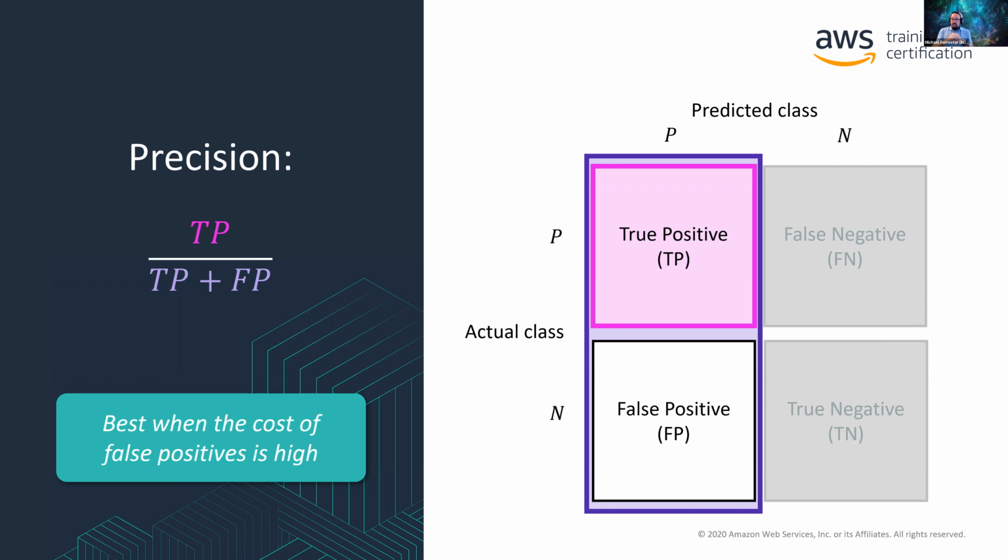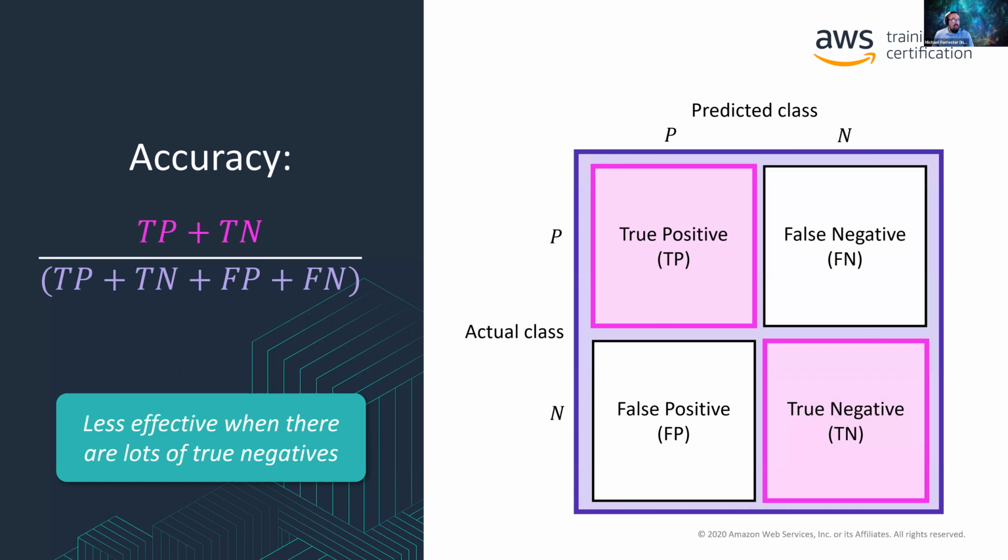That's what precision is. It says, how many times did you say something was true? Was it actually true? This is combined with accuracy in some cases, which says out of the total number of truths that you made, what percentage of those truths were actually part of the overall prediction set?